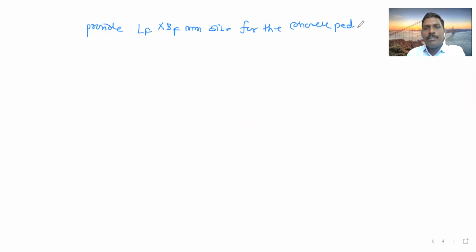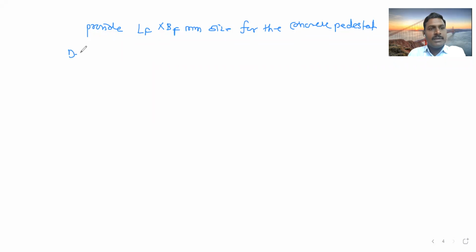Then we have to write here the sentence: provide LF into BF in mm size for the concrete pedestal. But we have to calculate the depth also.